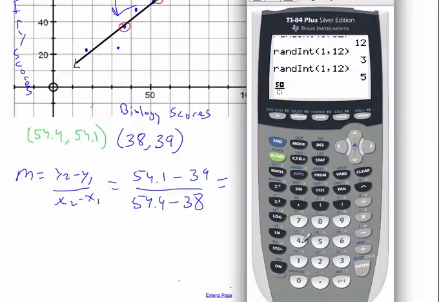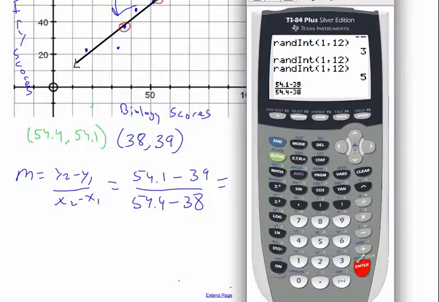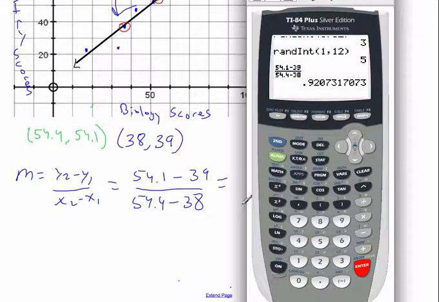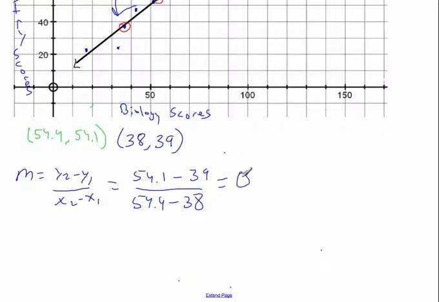So let me see, 54.1 minus 39 over 54.4 minus 38 equals, okay, that's 0.92. So slope is about 0.92.